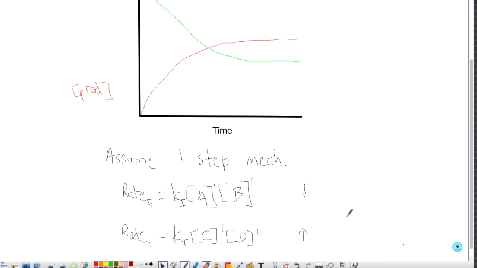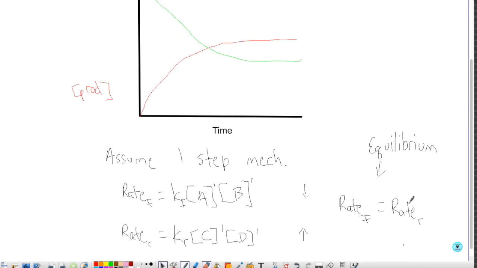And eventually we're going to get to a point where the forward reaction has slowed down enough and the reverse reaction has sped up enough that the rate forward equals the rate reverse. And we call this state equilibrium.